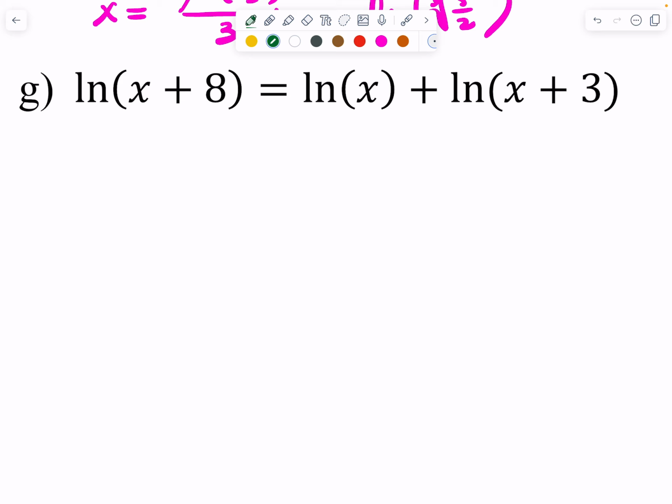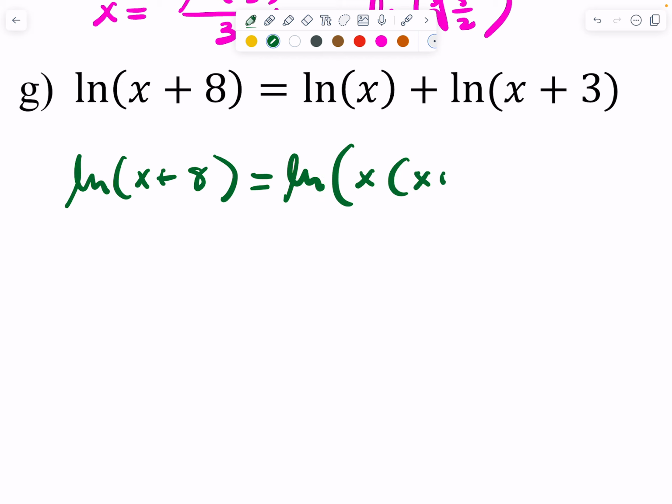So we do have a way to rewrite the right-hand side as ln of a single argument. We can use the product rule for logarithms. So we would have ln of x plus 8 equals ln of x times x plus 3.